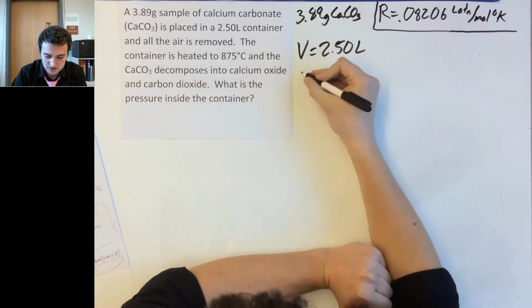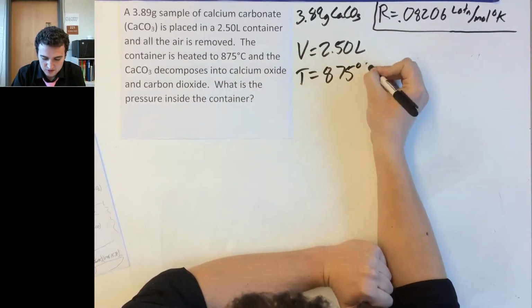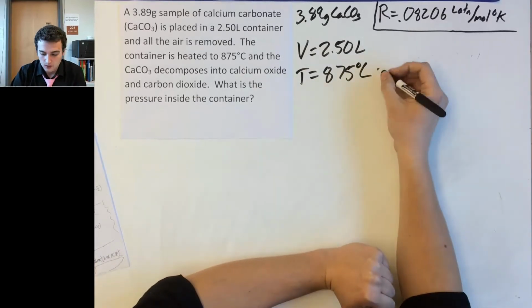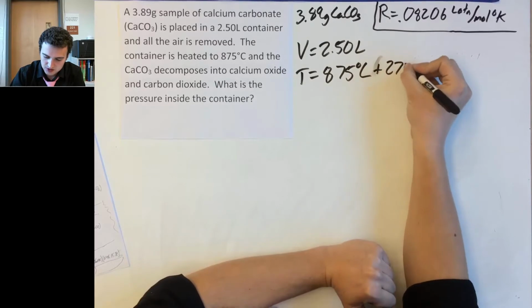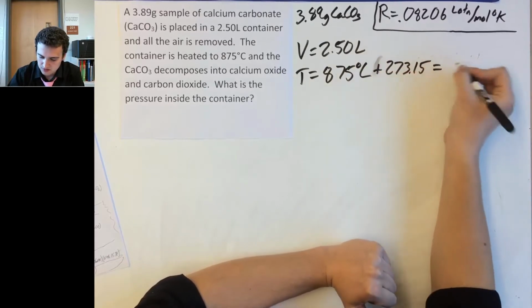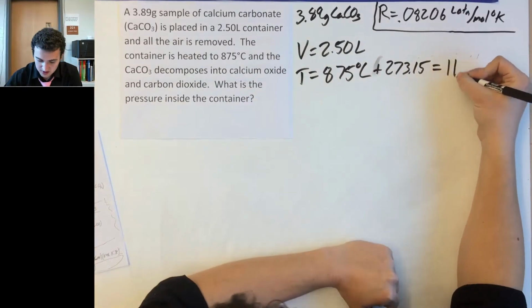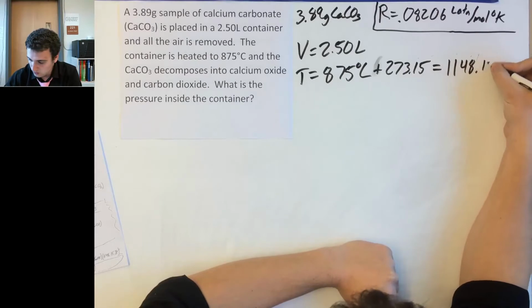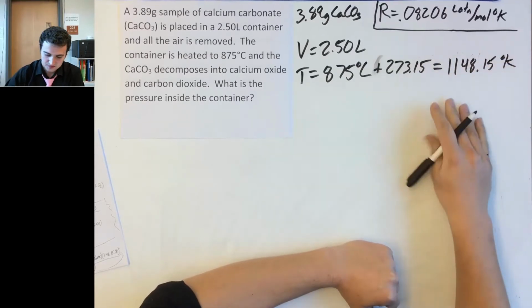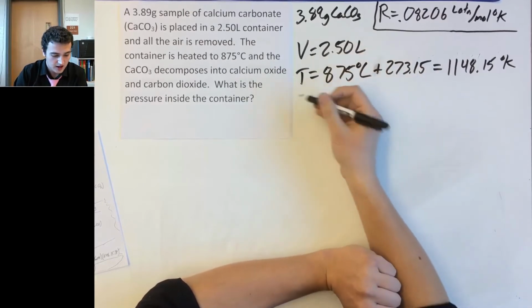I also know that the temperature is equal to 875 degrees Celsius, plus 273.15, which is 1148.15 degrees Kelvin. I just convert it right away because I know that I'm going to have to at some point.